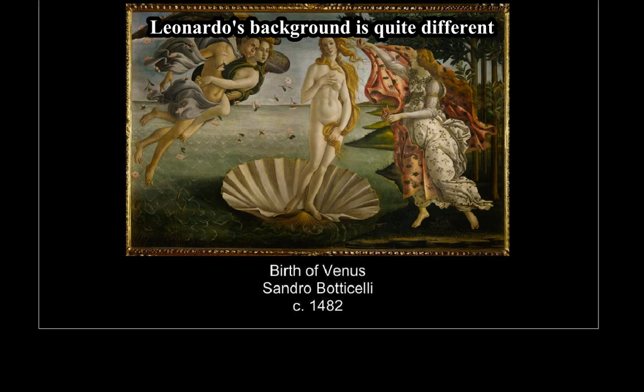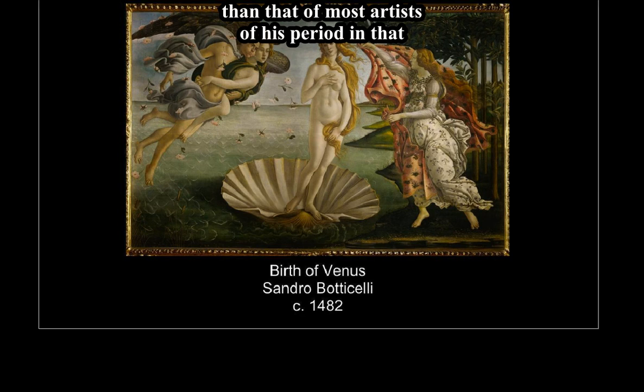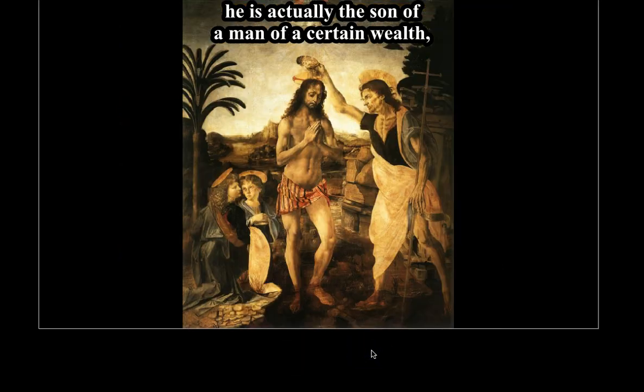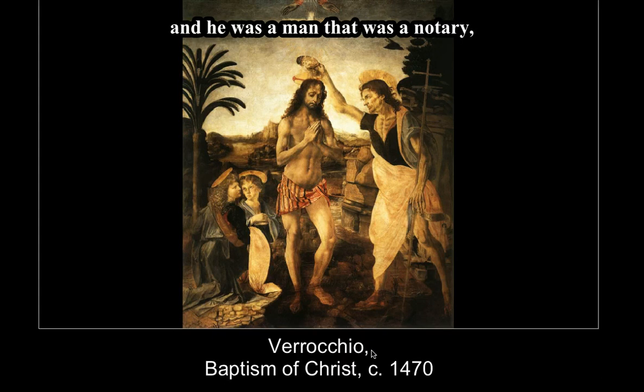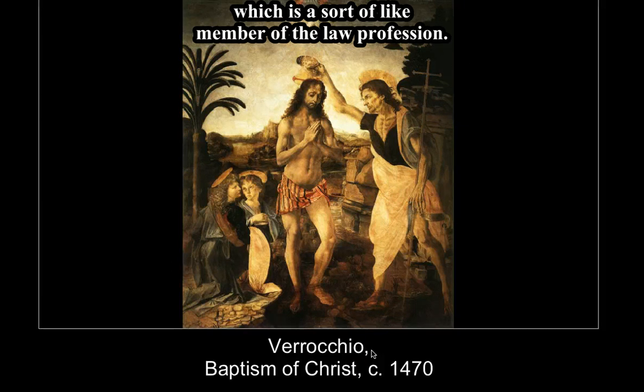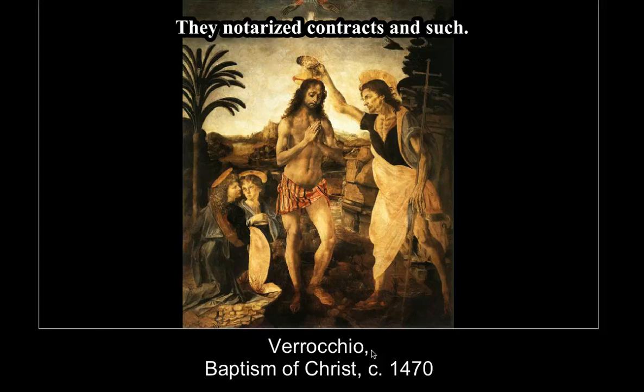Leonardo's background is quite different than that of most artists of his period, in that he is actually the son of a man of a certain wealth, and he was a notary, which is a sort of member of the law profession.